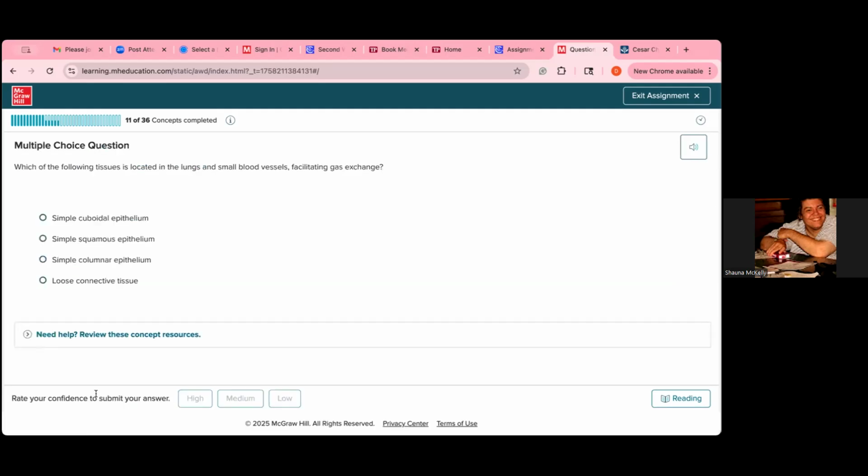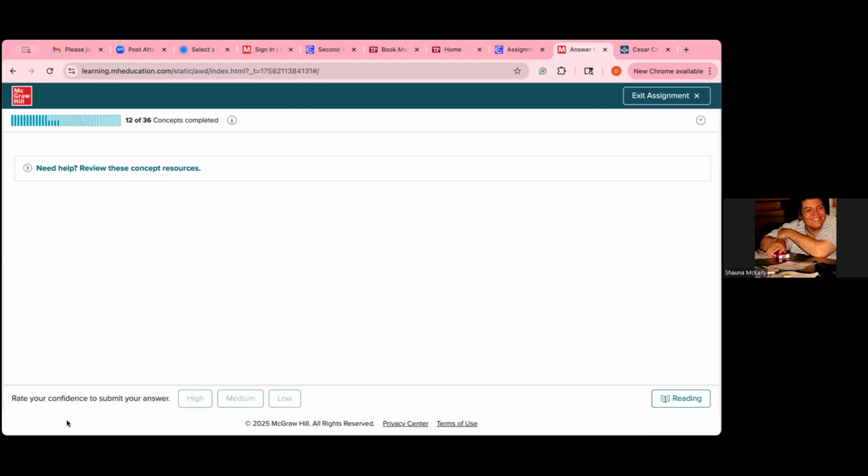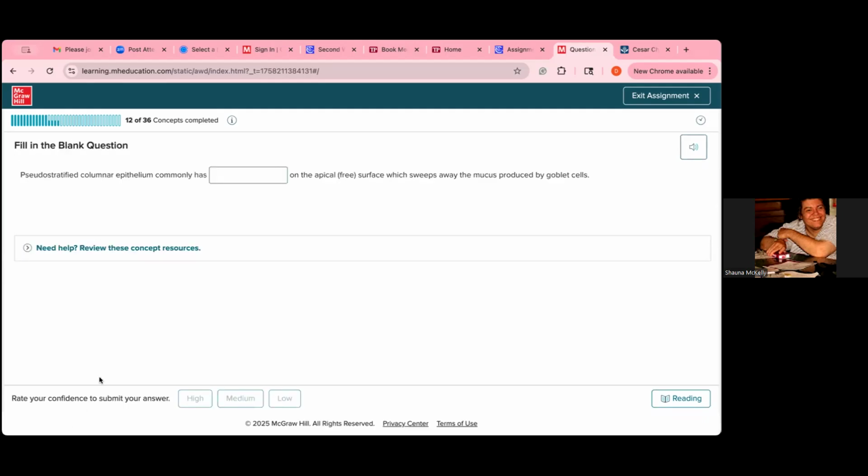Which of the following tissues is located in the lungs and small blood vessels, facilitating gas exchange? Simple squamous epithelium. Pretty sure that's the one, because they facilitate gas exchange.